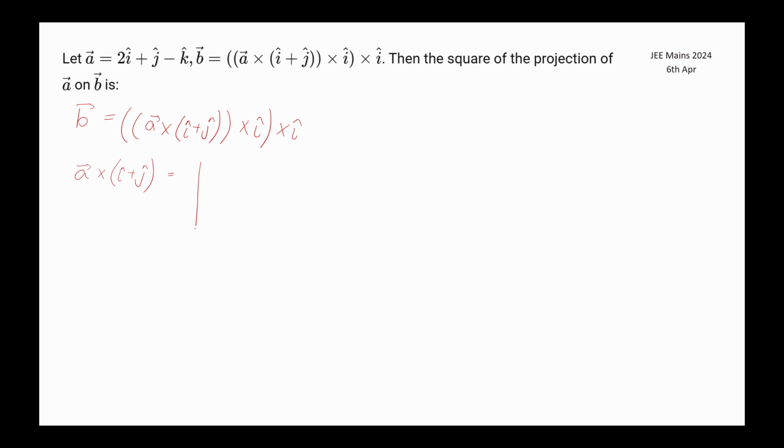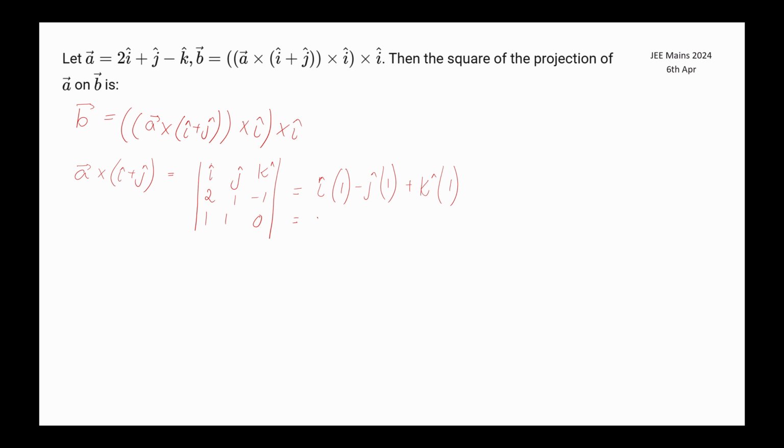So this would be equal to the determinant with I, J cap, K cap. What are our A values? These are 2, 1, minus 1. This would become 1, 1, 0. And so what does this turn out to be? I cap times 1 minus J cap, and this would become 0, 1 plus K cap times 2 minus 1 makes it 1.